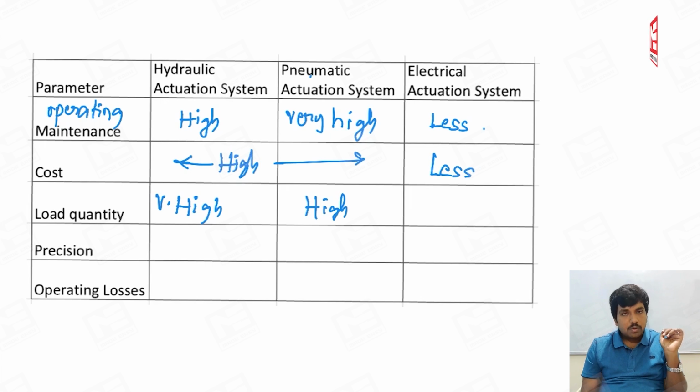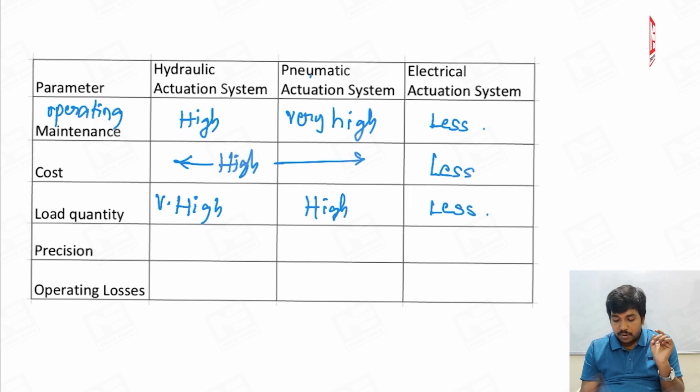Okay, now comes the precision of the movement. Suppose let us say we have here a 2000 newton load, and we want to displace this to 0.1 meter from the initial position, then this task can be done accurately by electrical actuation system.